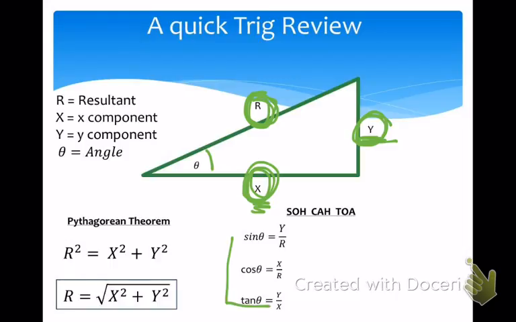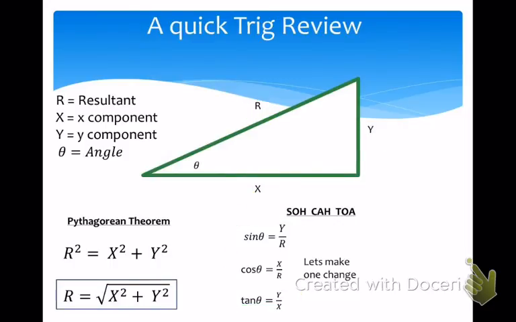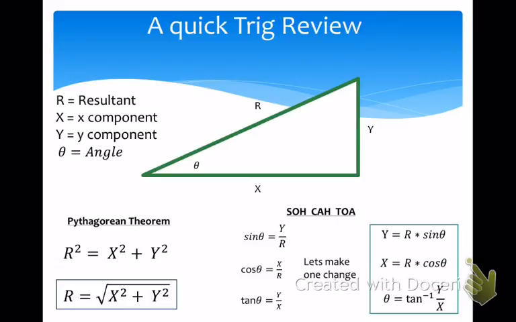Now these things are a little cumbersome to work with, so in physics we're going to take them one step further. We do a little bit of algebra, not a huge step. On the first two I multiply the r's over, and on the last one I take the inverse tangent. But now if you look over here, I've got a little set of equations that will allow me to solve for the components.